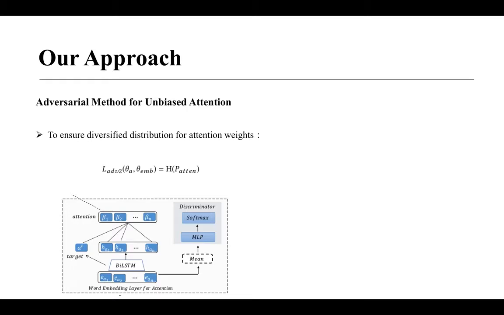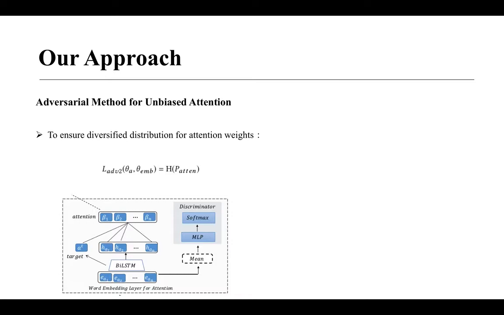HP is the entropy of P. As entropy decreases, P will deviate from the uniform distribution. Based on this loss function, our attention weights will not become similar to a uniform distribution.